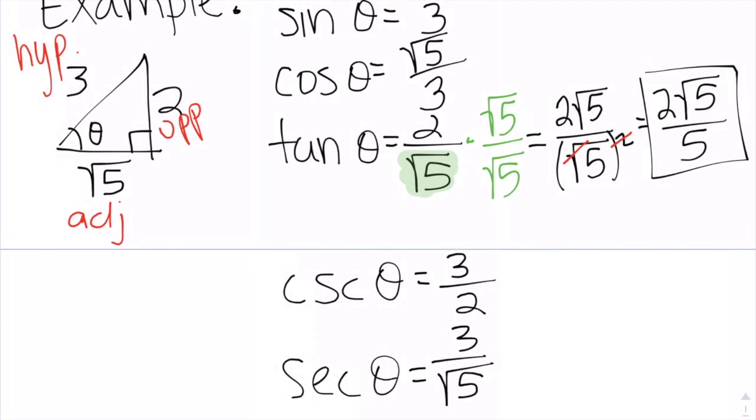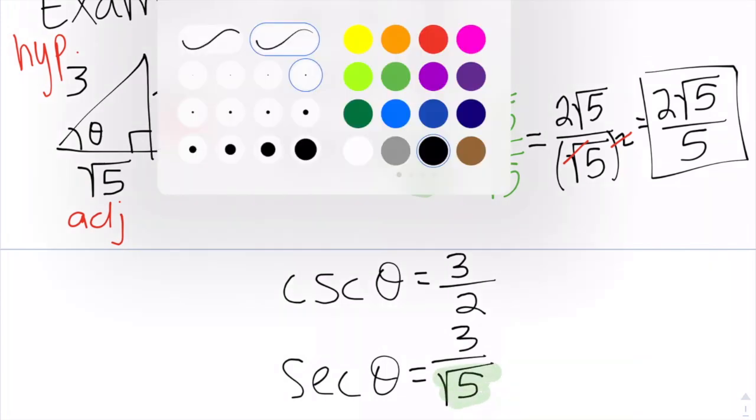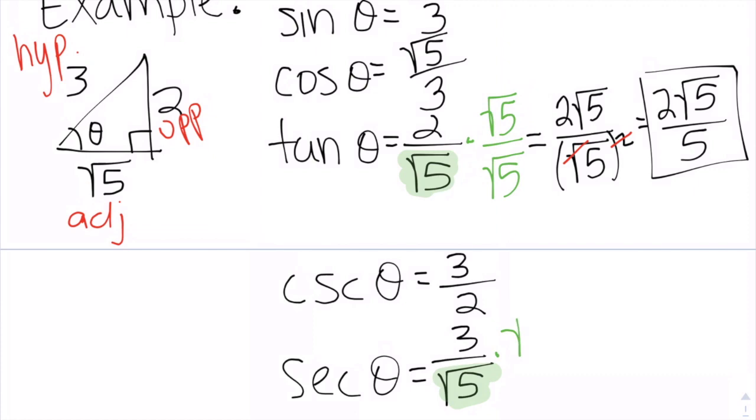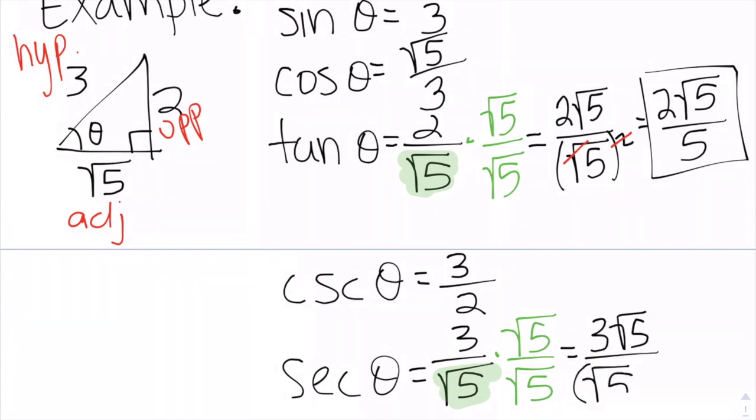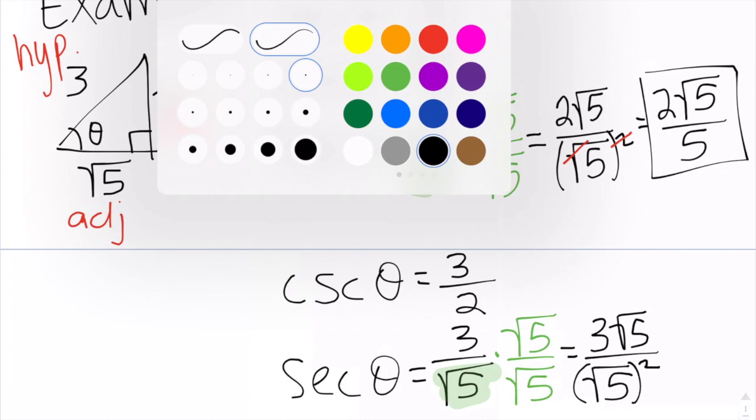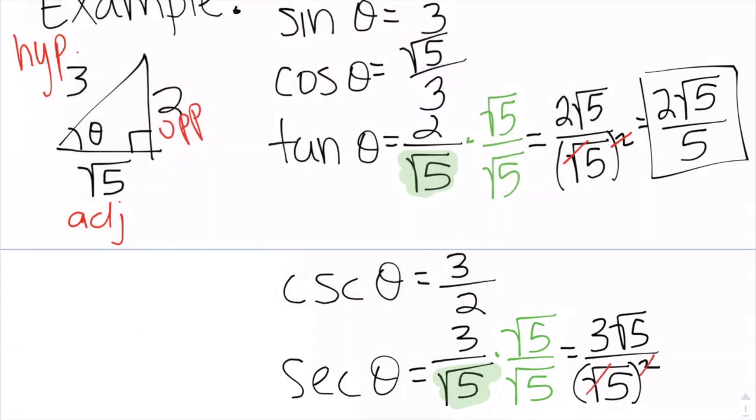But now we run into the problem where the square root of 5 is in our denominator, so we need to rationalize that denominator. And so when we do that, we get 3 times the square root of 5 over the square root of 5 squared. And again, those cancel. So it ends up giving us 3 square root of 5 over 5 as our final answer for that.